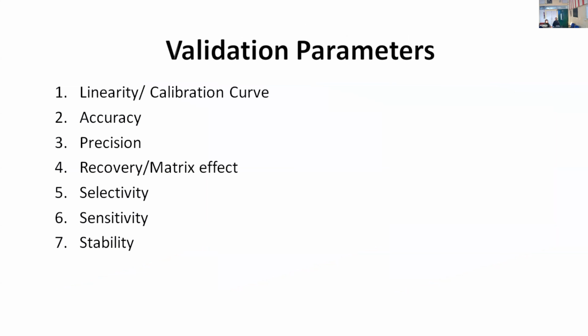While conducting any of these further parameters, this calibration curve should be run. Then second is the accuracy, precision, recovery or matrix effect, then selectivity, sensitivity, and stability. So we'll understand each of these parameters.